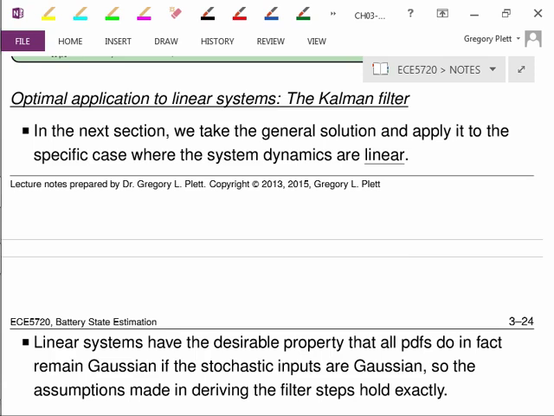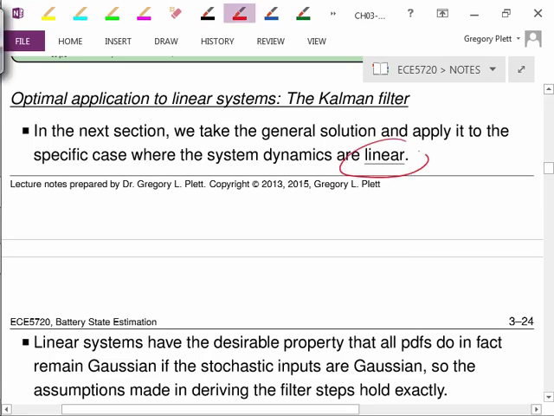And we will apply it to a linearized, very simplified battery model to at least get some insight into how it operates, and then we'll proceed to nonlinear systems. In the next section, we're going to take this generic 6-step solution and evaluate each one of the equations for the 6 steps and get an actual set of math equations that we can implement.